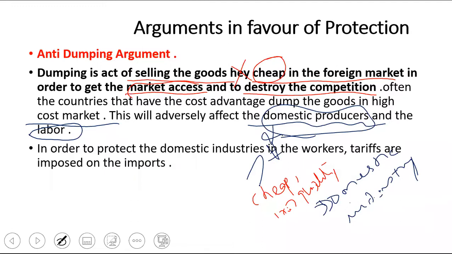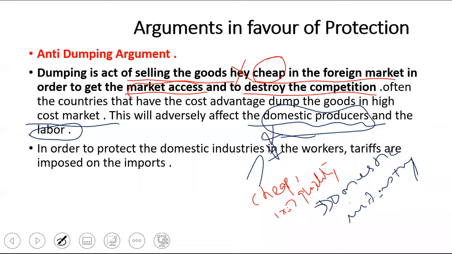How does the government protect? Government is protecting the domestic laborers.